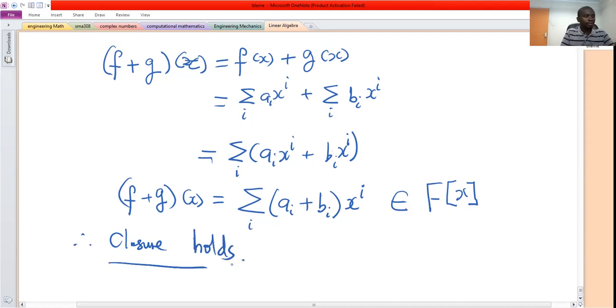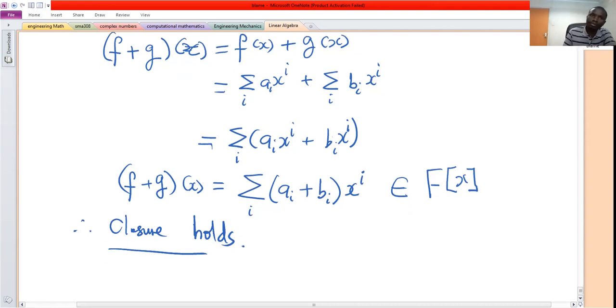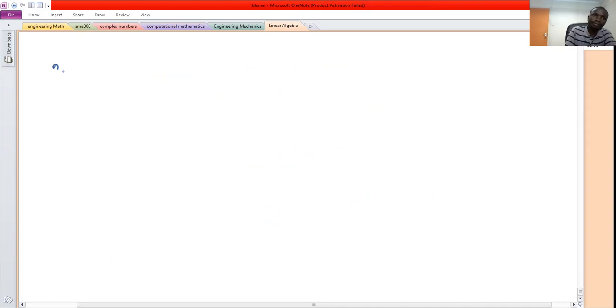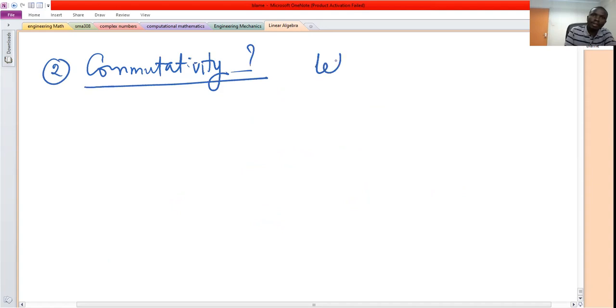And then number two, we have to prove commutativity. So let f and g be two polynomials in this set.